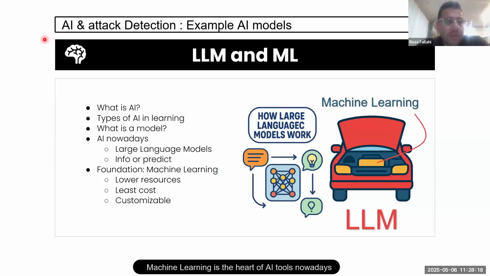So when we talk about large language models, as you can see in the slide, you can think of a large language model as a car, an automobile, and the engine of the car is machine learning. It's called large language models.